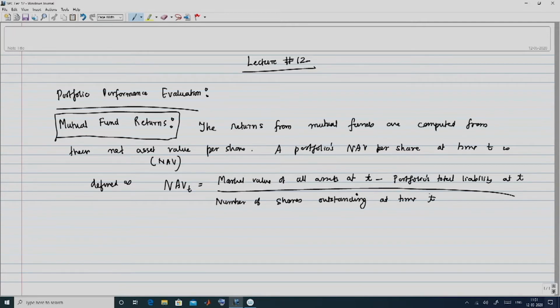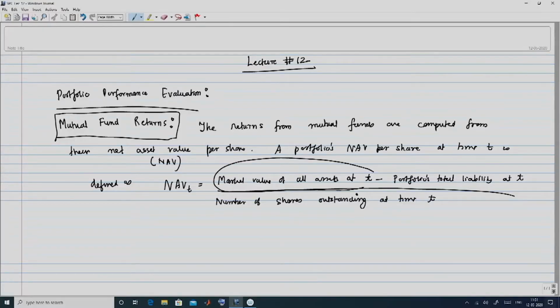So, this is a very simple concept, that the NAV is essentially the current valuation per share of the mutual fund. When you buy a mutual fund, you basically buy a number of units of the mutual fund. It is given by the market value of all the assets, that means the actual value that you will get if you decide to liquidate all the assets in the mutual fund, minus the portfolio's total liability.